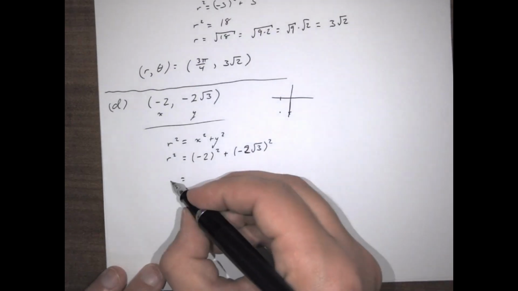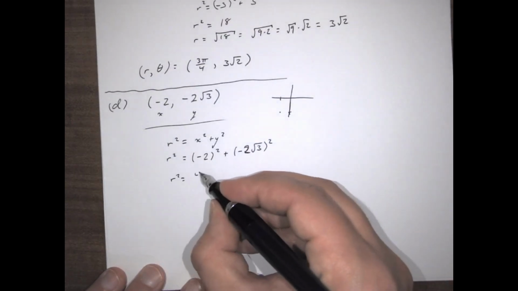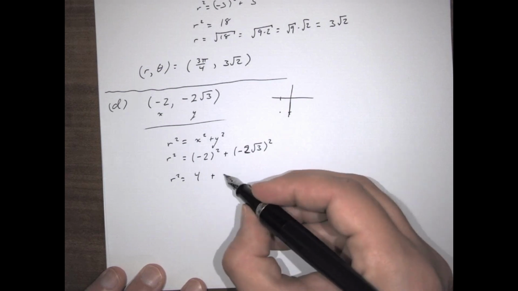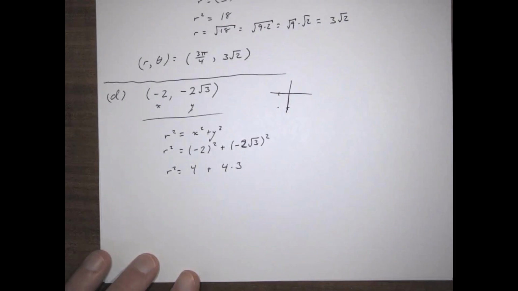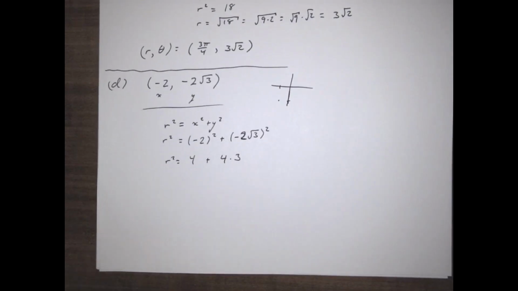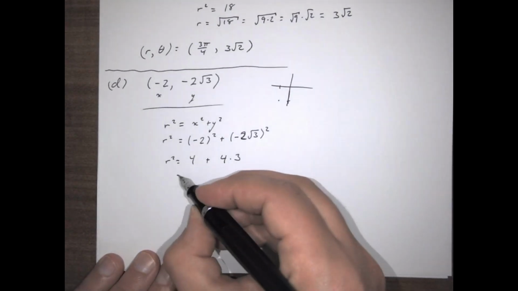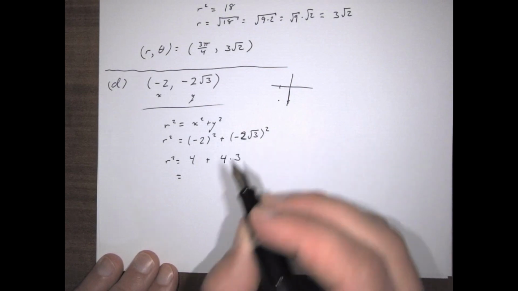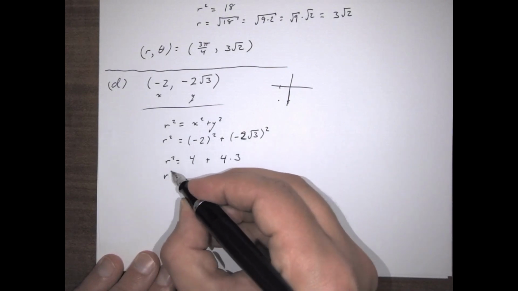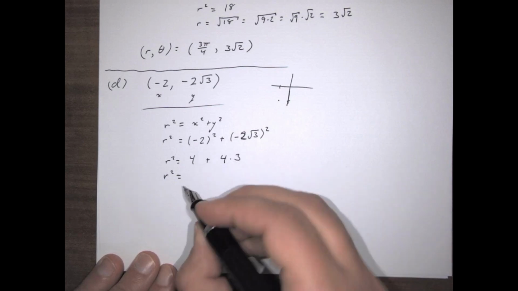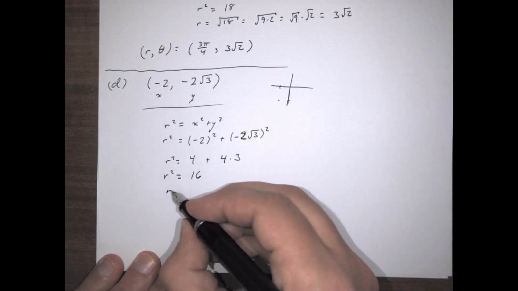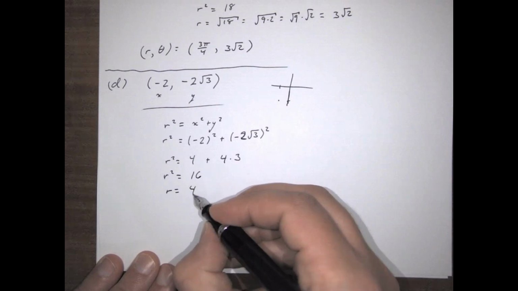Now negative 2 squared is just positive 4, plus over here we're going to have 4 times positive 3. The square would just distribute to those two pieces. And so we have r squared equals 4 plus 12, which is 16, which means that r is equal to 4.